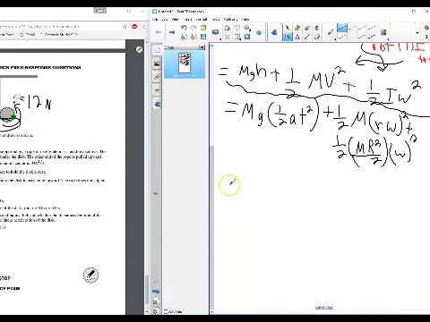Okay. So at this point, you can probably simplify this. You can combine the mr squared, W squared terms, since these two are the same, and change it to 1/3 or 3/4.